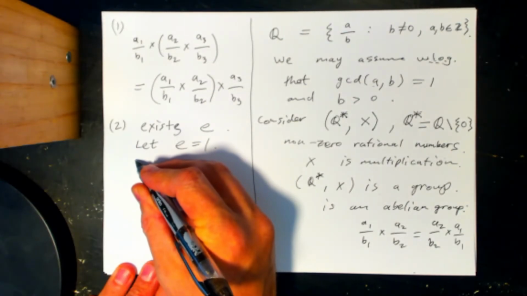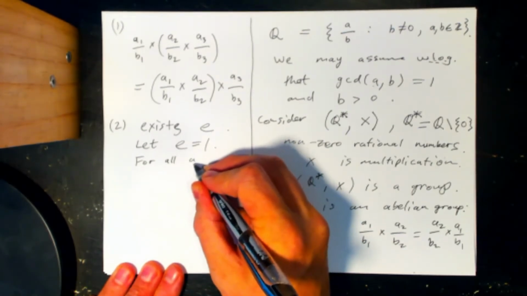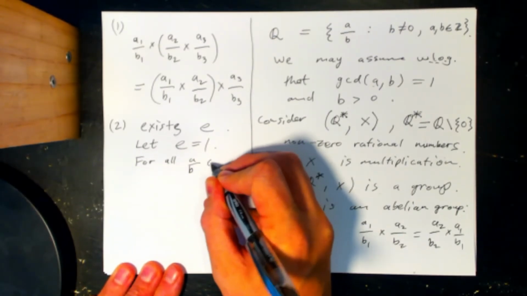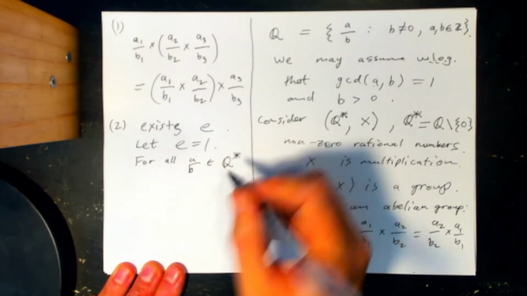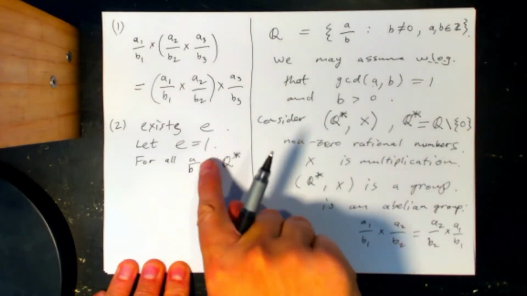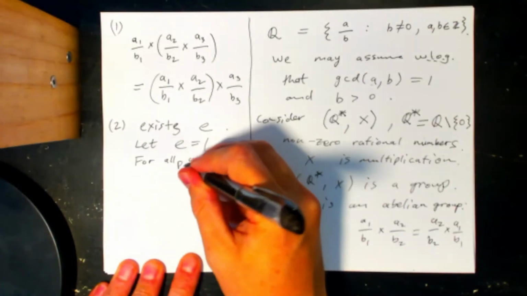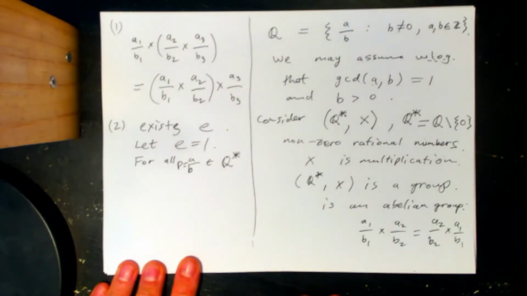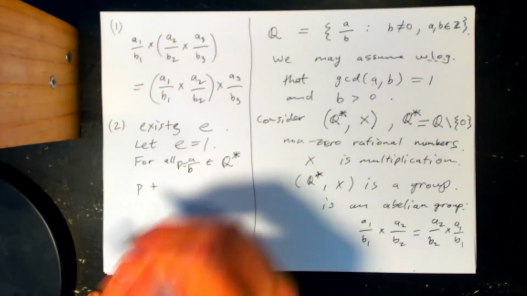So for all A over B belonging to non-zero rationals, and I could have just put P, right? And let's do that here. P equal to this. P plus, oh no, it's times, isn't it?